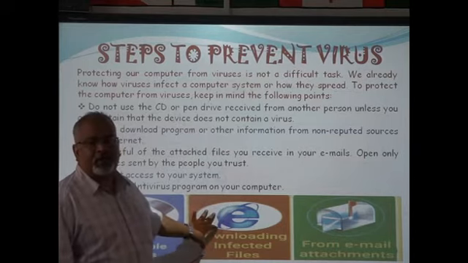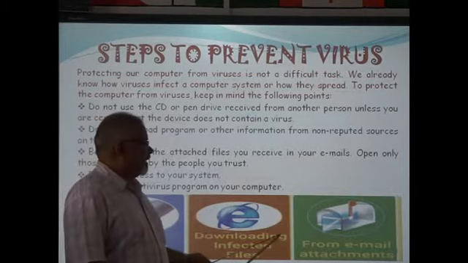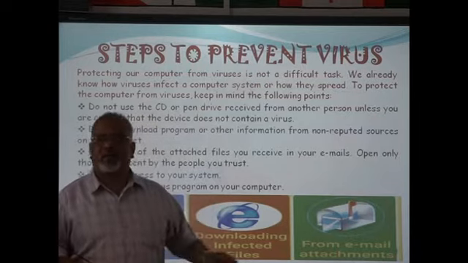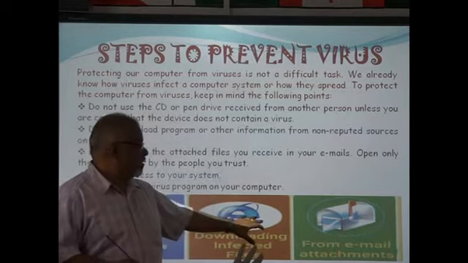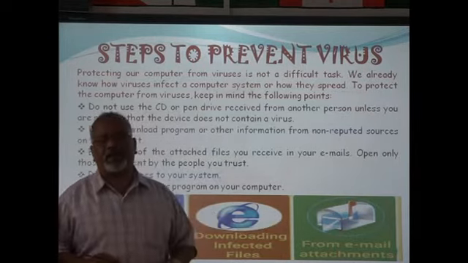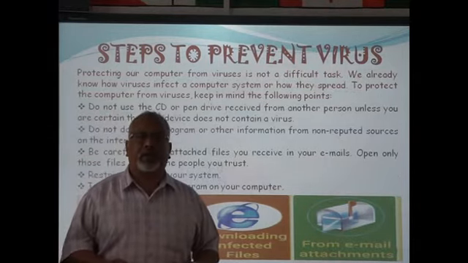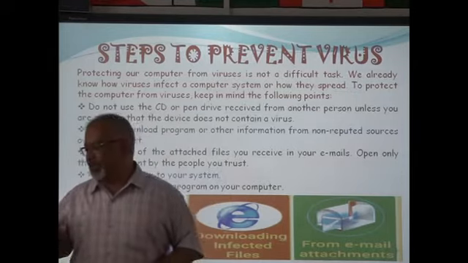Just go with the popular, famous ones which everybody knows and which are safe. Then from email also it comes through attachments, so beware of that. Don't open the email and the attachment unless you know it is from a person whom you know.